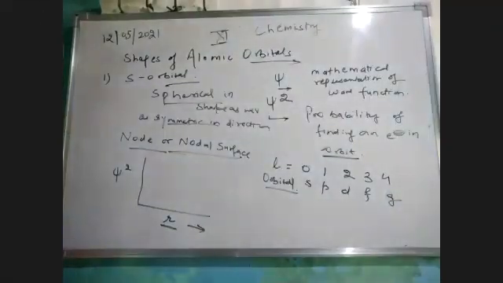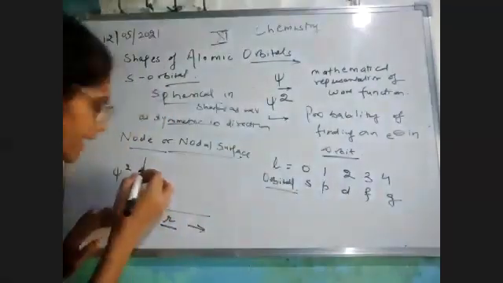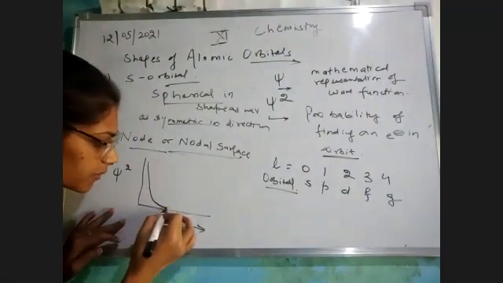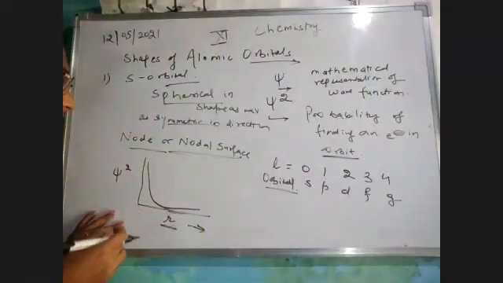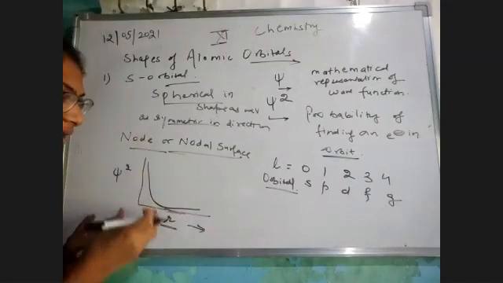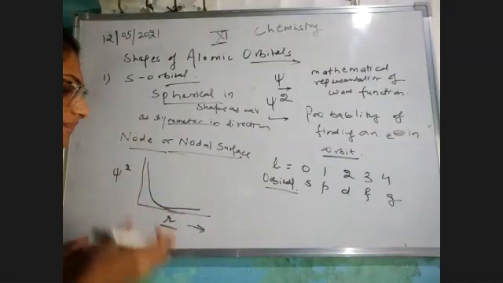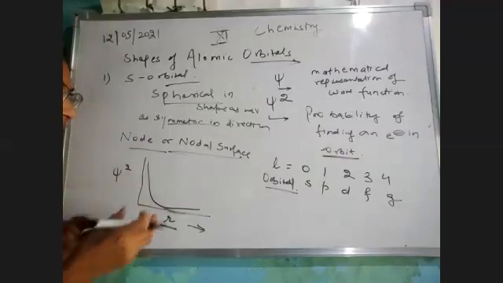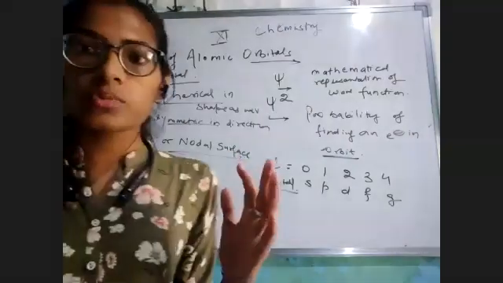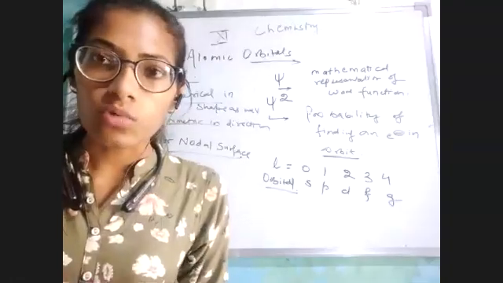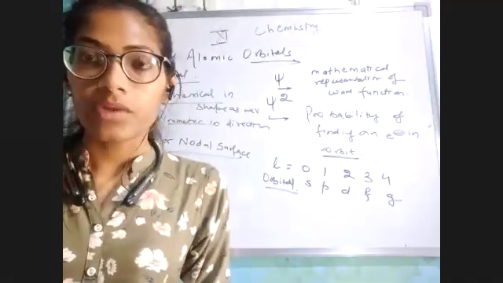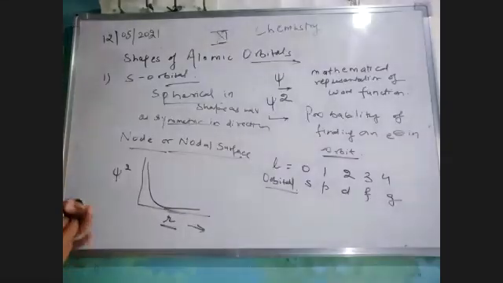And psi square represents the probability of finding an electron. Whenever we take this in graphical form, we observe that psi square for 1s looks this way. That means the probability of finding an electron is maximum near the nucleus, but as the distance increases, the probability reaches zero, a minimum. This is for 1s.